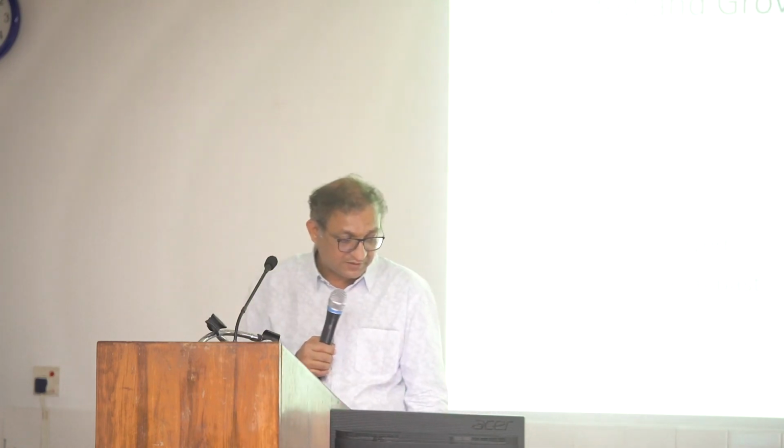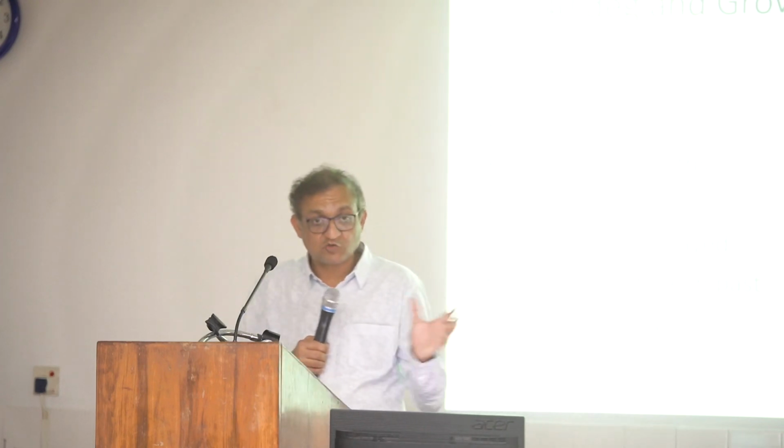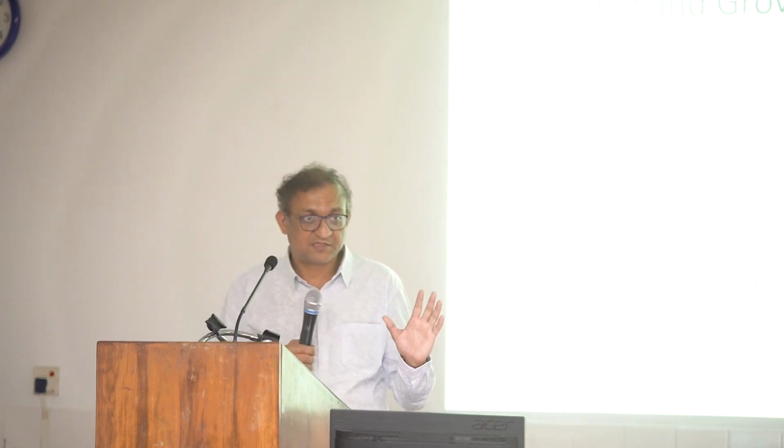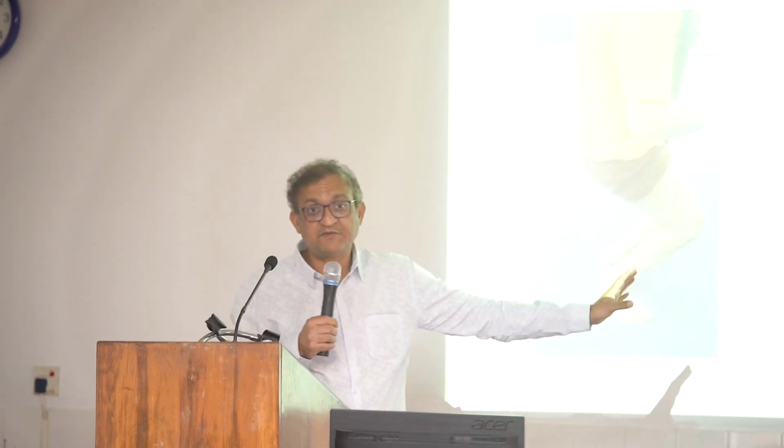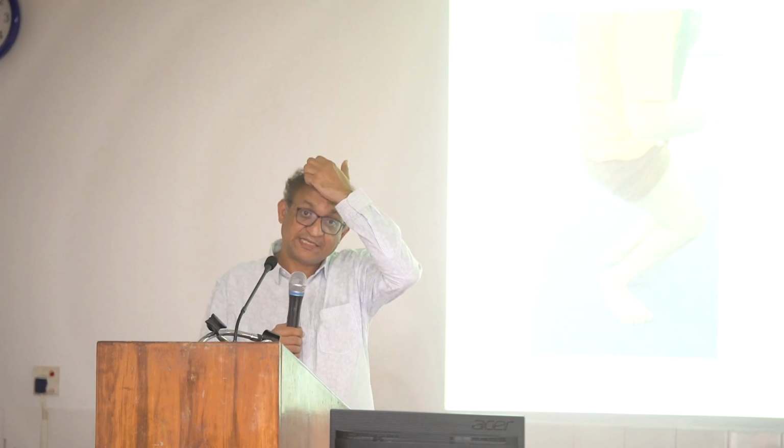Now this is a child who is again walking with crouch gait. All are similar patients, but the strategy of management is completely different. He's a growing child, and in his case we see that the kneeling is good. So this is one thing which has not been mentioned in any textbooks.